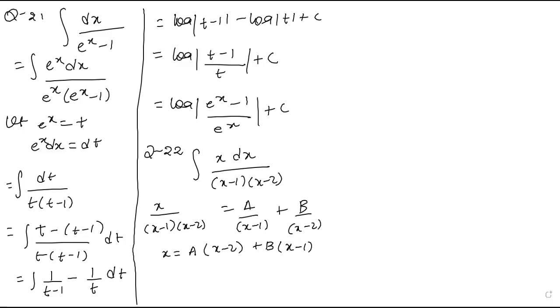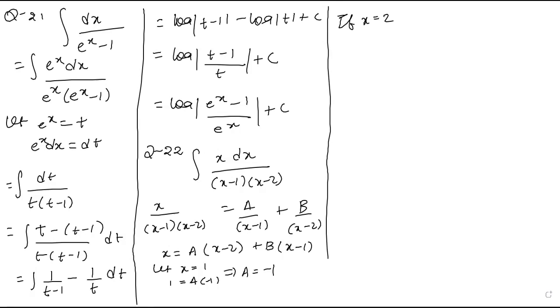If I assume x as 1, then 1 is equal to a into minus 1, which gives the value of a as minus 1. And if I take x as 2, then 2 is equal to b into 2 minus 1, so I will have the value of b as 2.